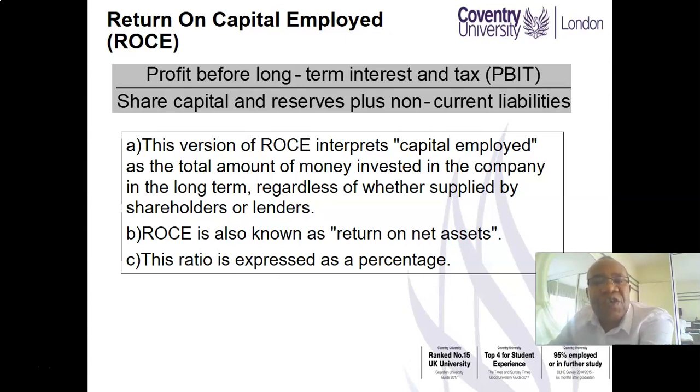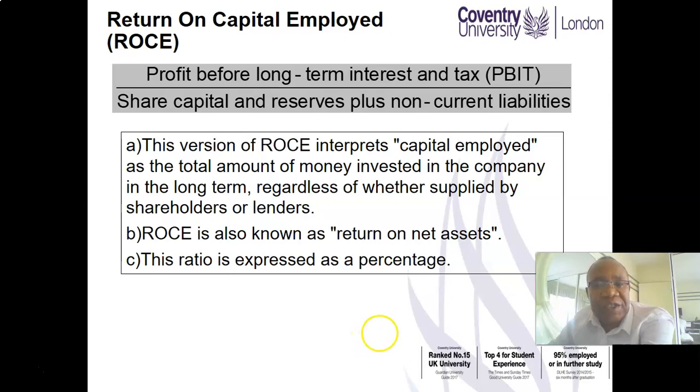It is a single percentage that explains the performance of a company. There are a few versions of it. What this version does is to interpret the capital employed as the total amount of money invested in the company in the long term, regardless of whether this capital is coming from shareholders or from long-term creditors or long-term providers of finance, lenders or shareholders.